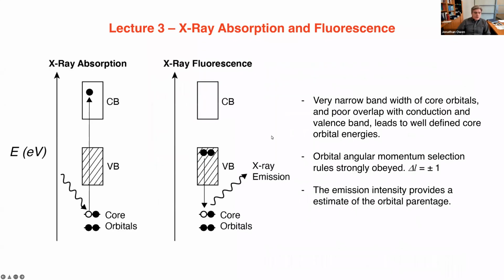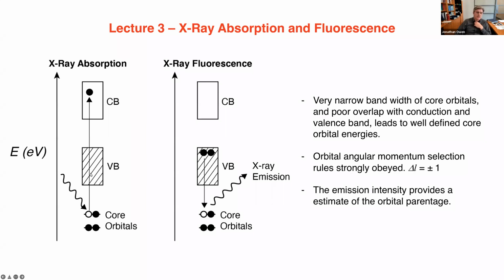All right, so in addition to photoelectron spectroscopy, there's also X-ray fluorescence. So you can take a core level, promote an electron, and that electron, instead of becoming a photoelectron, can become absorbed. Okay, so this is different than photoelectron spectroscopy. This is now X-ray absorption spectroscopy.